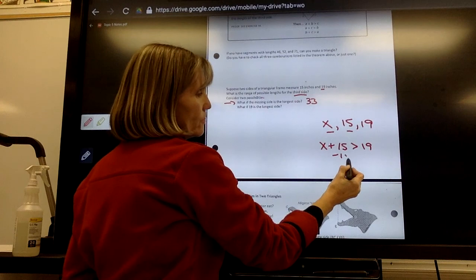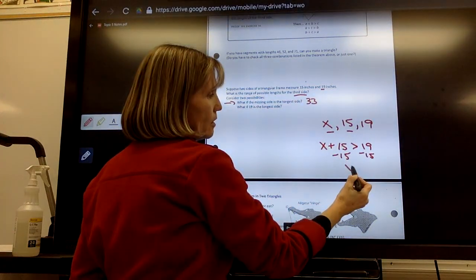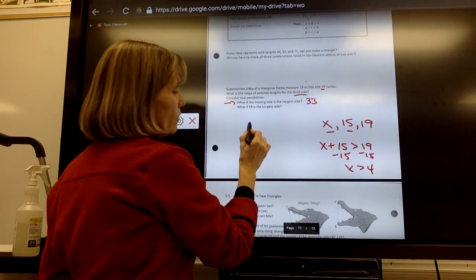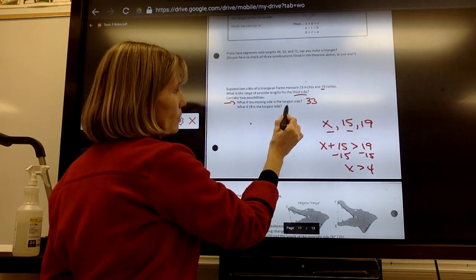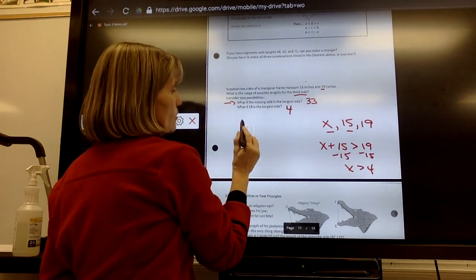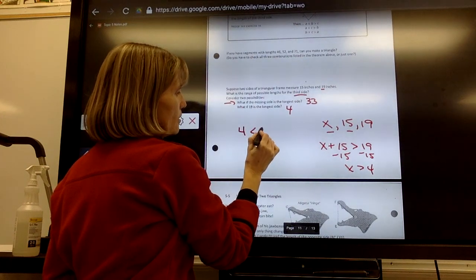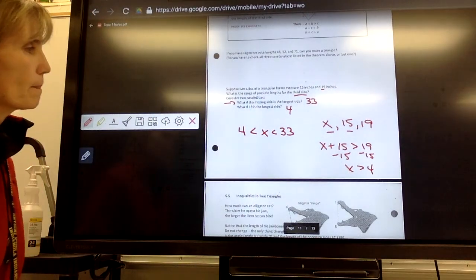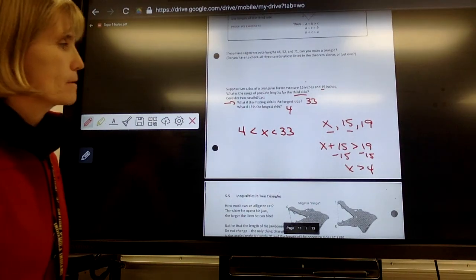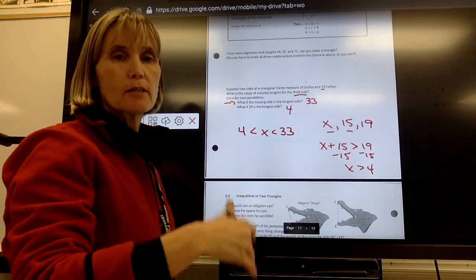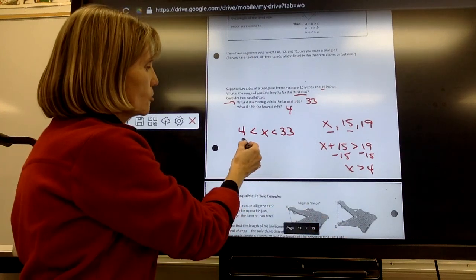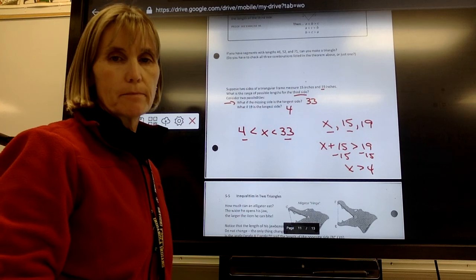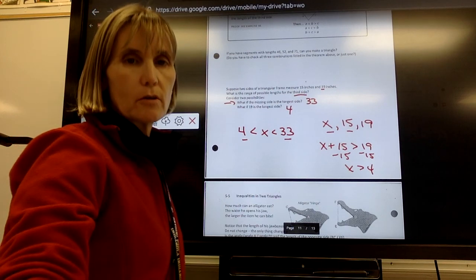If I subtract 15 from both sides, I get x is greater than 4. So I'm going to say 4 is less than x is less than 34. Now it can't equal the third side, it has to be greater than the third side. So here's my range of values for x, it's going to fall between 4 and 34. You have a worksheet that you can start working on.